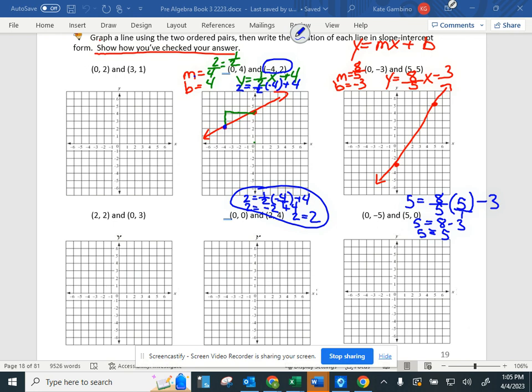We're going to be working quietly, not socializing, quiet work time. And if you have questions, you're going to come up and ask me. I am here for this. Come check your work to see if you're doing it correctly. But make sure you have all of those pieces: the m, the b, the y-intercept form, and you're checking your work.